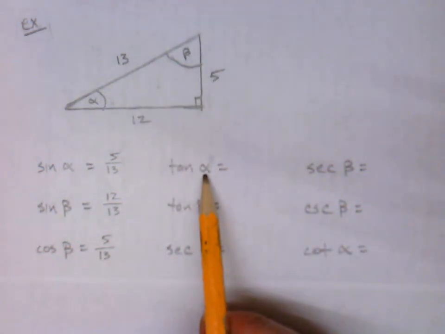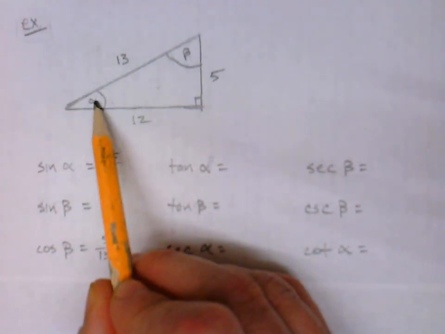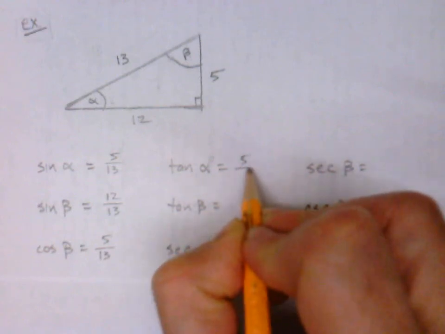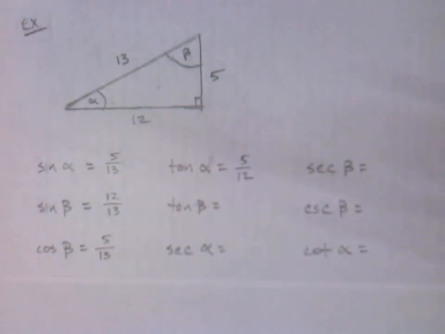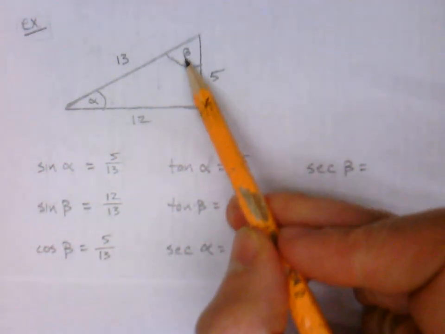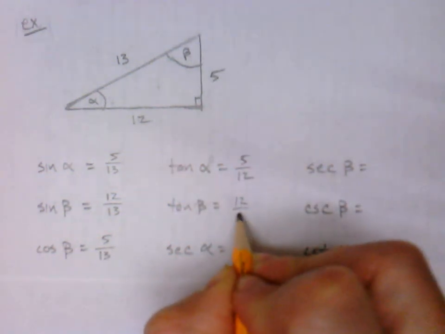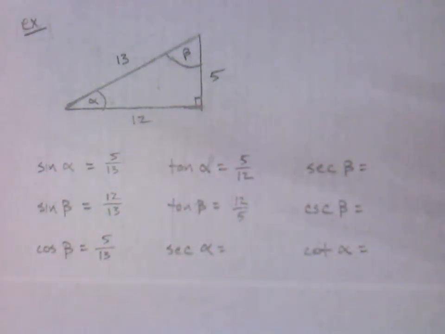All right, how about tangent alpha? Tangent, opposite over adjacent, 5 over 12. Tangent beta, opposite over adjacent, 12 over 5. It ends up getting flipped. The secant of alpha.